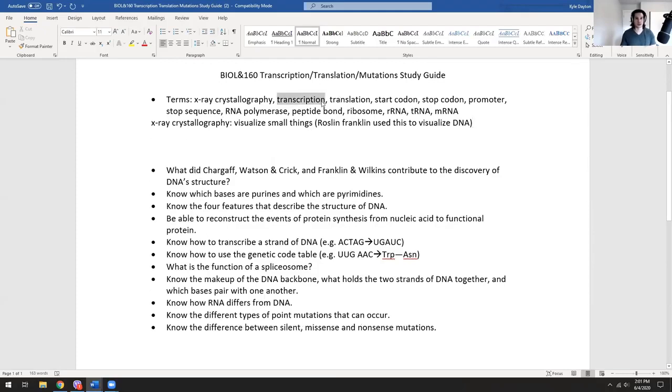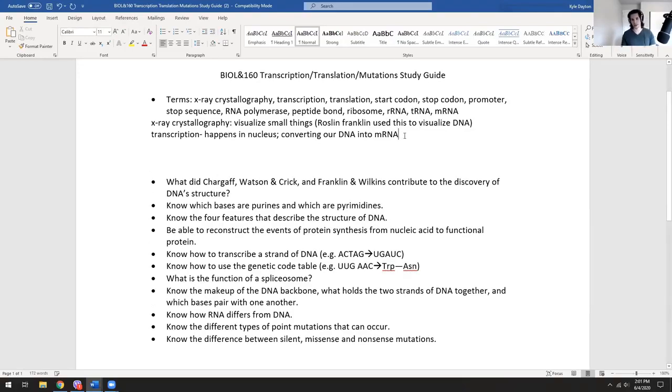Okay, transcription. Transcription happens in the nucleus, and this is going to be converting our DNA into mRNA.